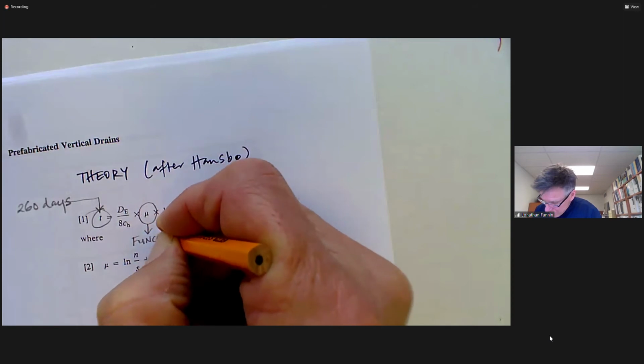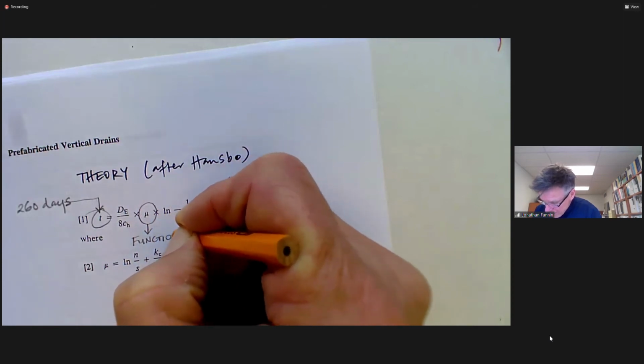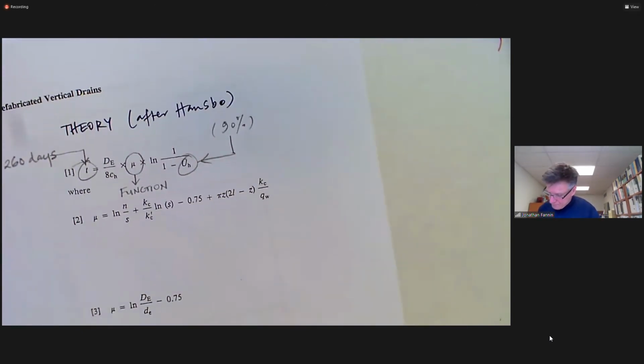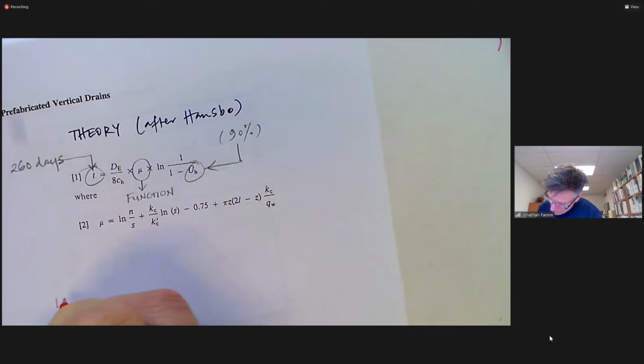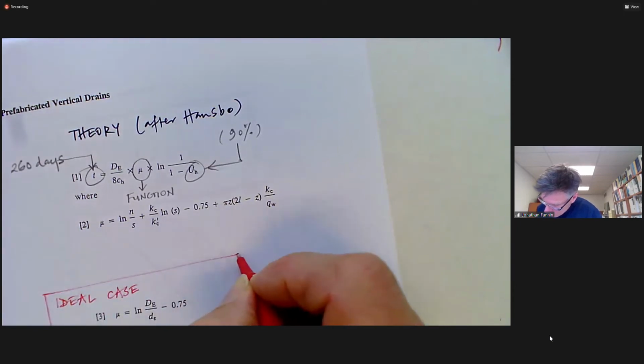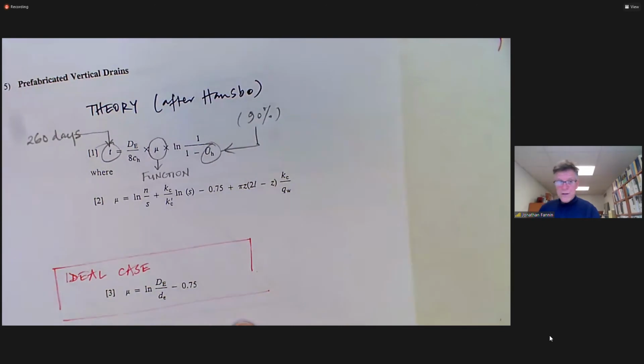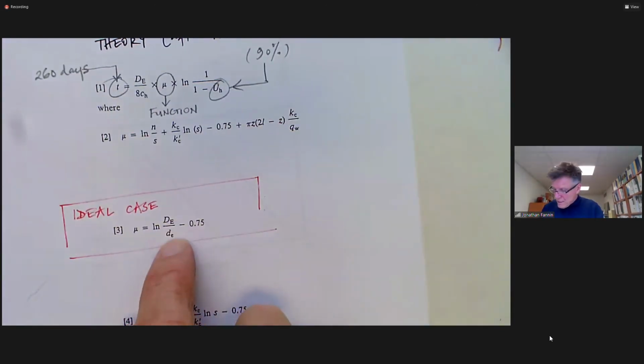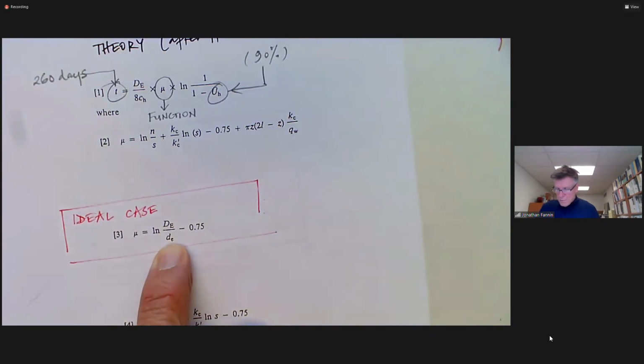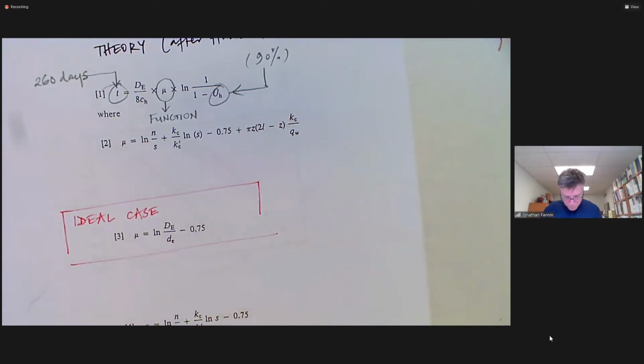And the function is dealing with three cases. Case number one is the ideal case. No smear, no drain resistance. There's the ideal case. There's this ratio dE over dE, straight from Hansbo's derivation.